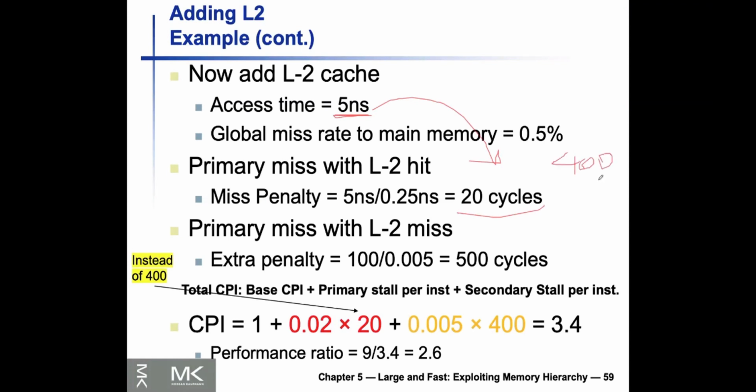Remember, it was 400 cycles for memory, so this is 20 times faster. And instead of 9, the CPI will come down to 2.6, because in some of the cases where L1 misses, L2 hits. So that's another type of question you might get. Still, you see that it's pretty easy.